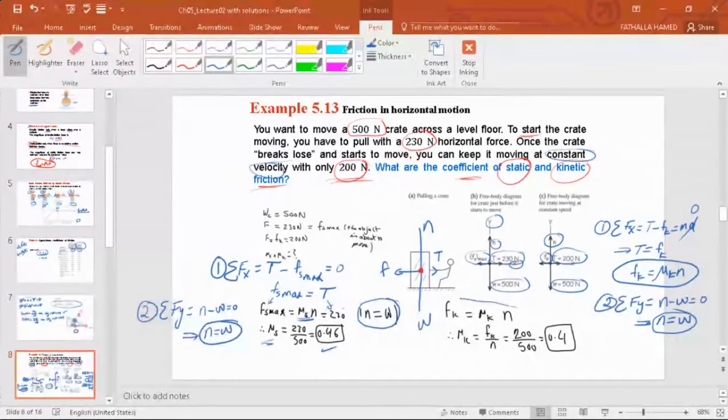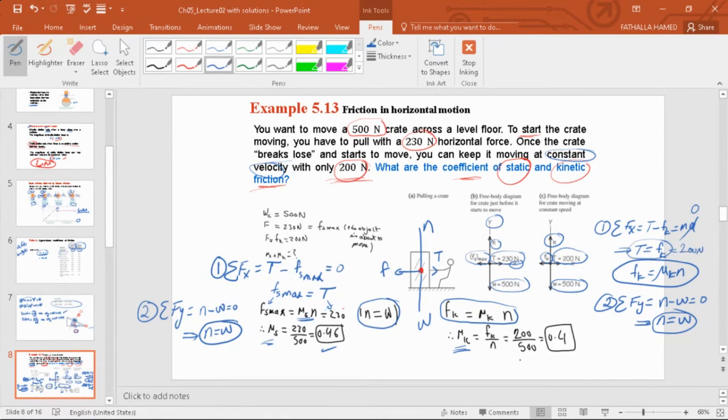So the kinetic friction is equal to the mu k times the normal force. So the mu k here should equal the friction force divided by the normal force. The normal force is equal to the weight, which is 500 newtons. And your friction force here should equal the tension, which is 200 newtons.